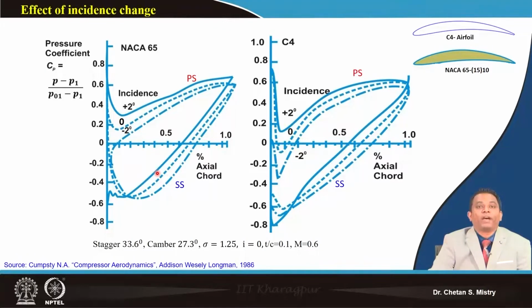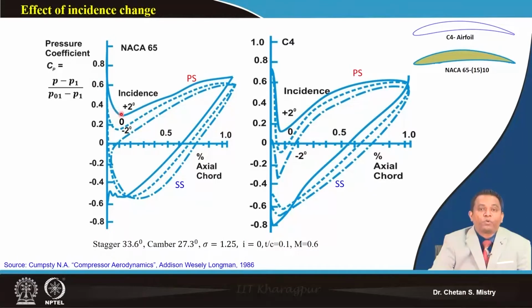Now suppose I have changed my incidence angle. Recall, as I told you, this data has been captured using a linear cascade tunnel. Here at the entry my flow angle is changed such that I have a positive incidence angle.